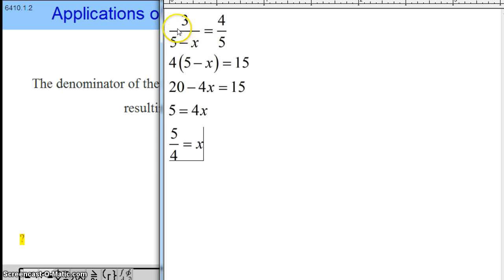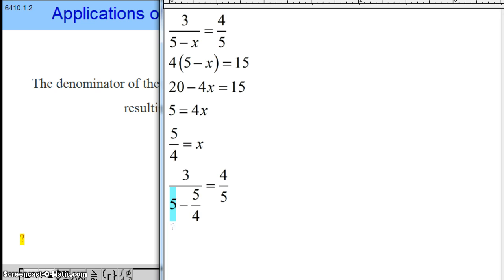But I know that looks a little weird here, so let's plug that back in and see what we get. 3 divided by 5 minus 5/4 equals 4/5, presumably. So let's make this a common denominator here.